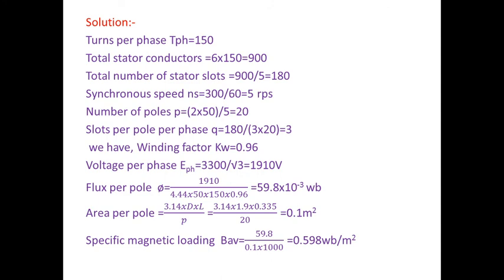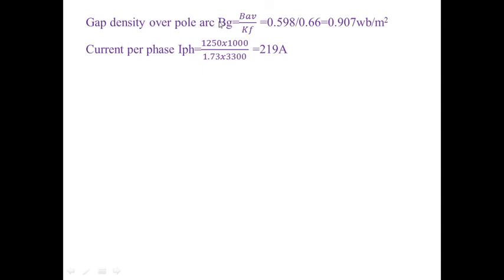Substituting this value, you will be getting 0.598 Weber per meter square. Now gap density over pole arc is given by BG, which is equal to BAV divided by the pole arc to pole pitch ratio. So BAV value is 0.598 divided by 0.66, and you will be getting 0.907 Weber per meter square.